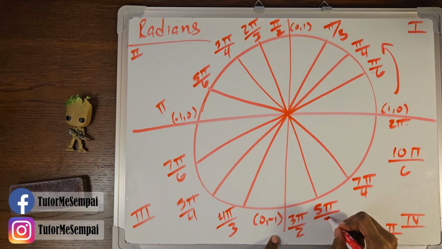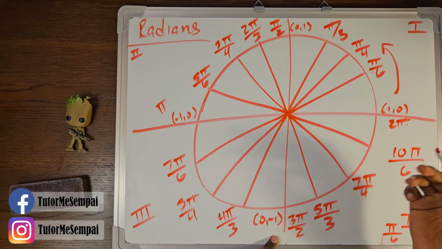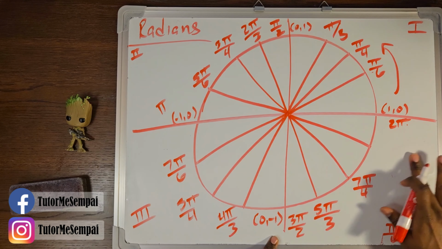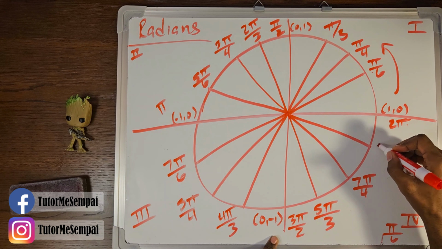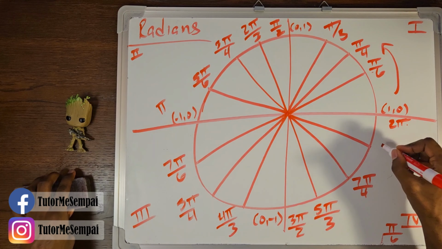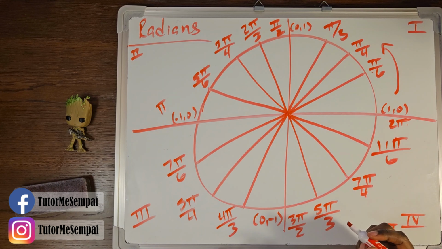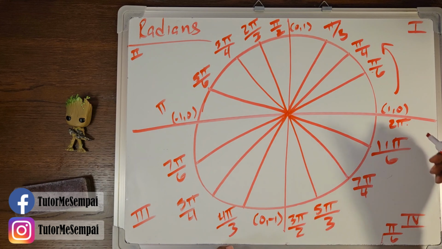And then, if that was 10 pi over 6, this is going to be 11 pi over 6. Just like that. 11 pi over 6.